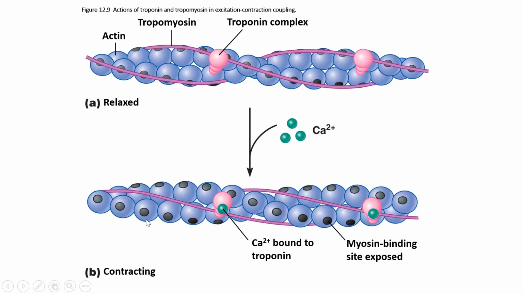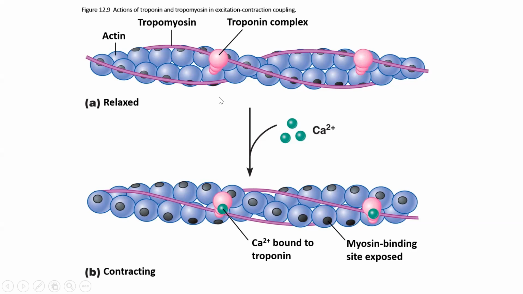In its contracted state, actin does not have these tropomyosin filaments covering up the binding sites for myosin. And that's because calcium binds onto its spot on troponin, and that drags this tropomyosin protein off of the binding sites, uncovering them so that the myosin head can reach up and make contact at these exposed myosin binding sites. So this is how we say that calcium regulates this process.